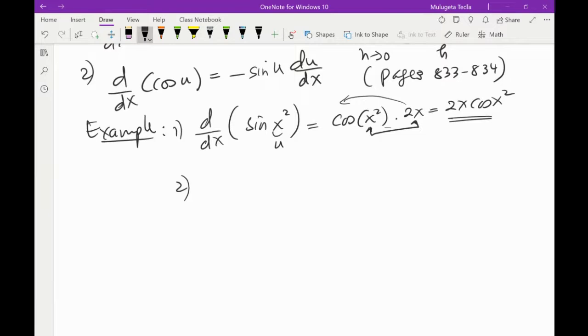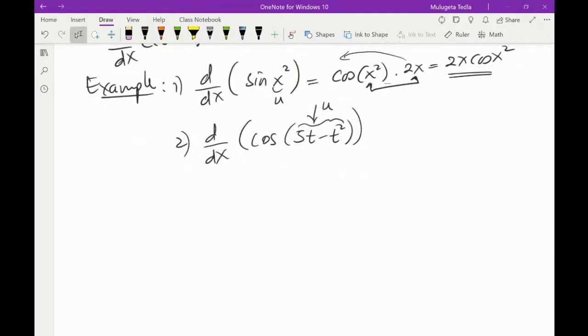That's why I usually take this to the front, because I don't want to be confused about multiplying both x's in here. So this is the answer. Another example: what is the derivative of cosine of 5t minus t squared? This angle is a function, which is u, so you have to apply the chain rule.